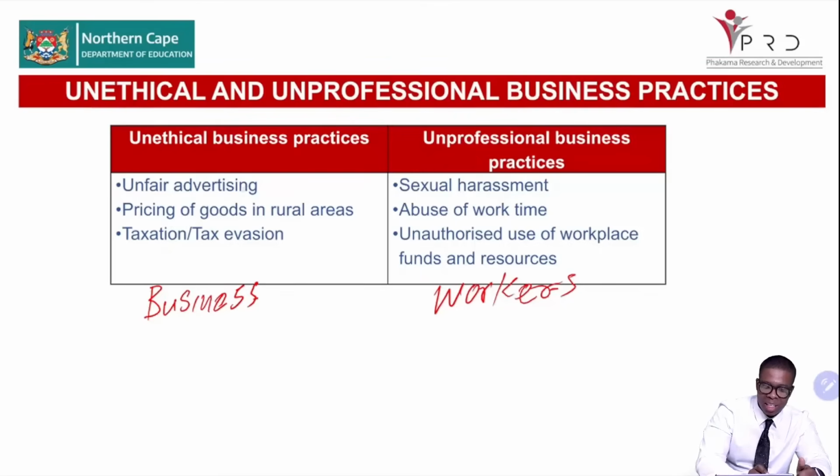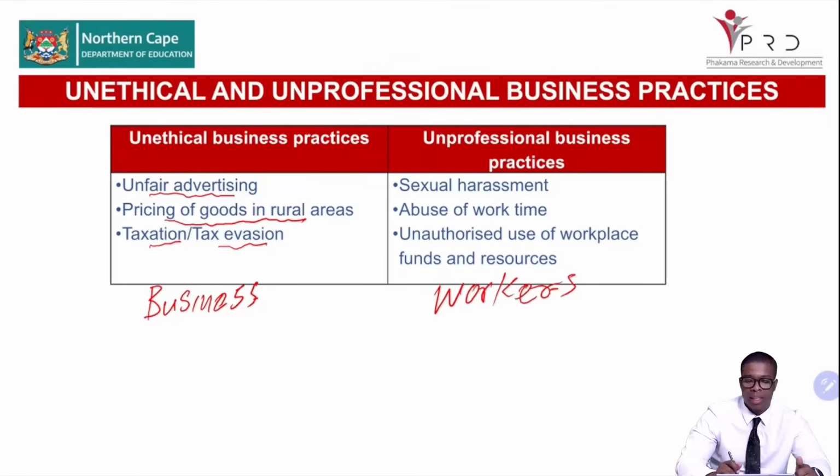So it is not allowed for a business to do unfair advertising. It is not allowed for a business to do pricing of goods in rural areas. It is not allowed for a business to do tax evasion. Then when you look into unprofessional, we are saying as workers, it is considered to be unprofessional for a worker to do sexual harassment.